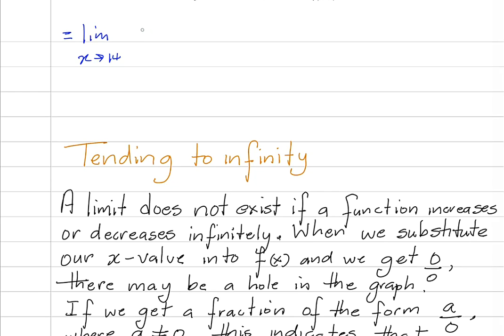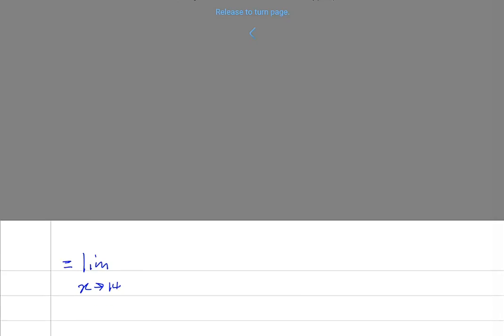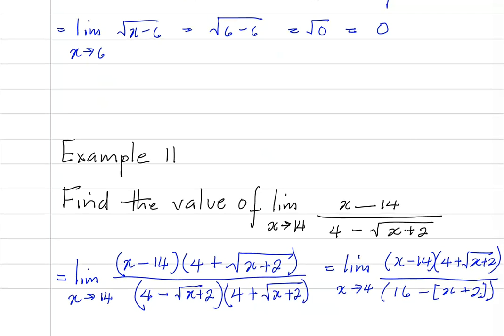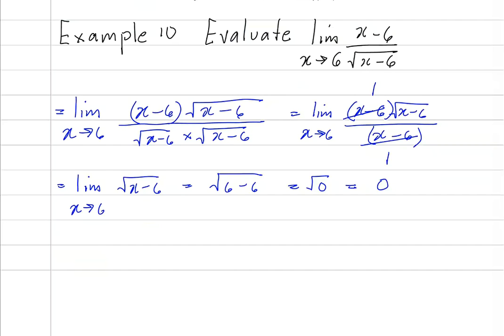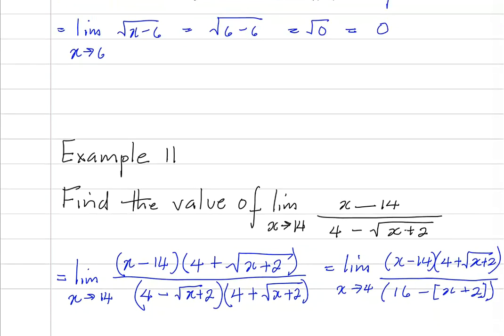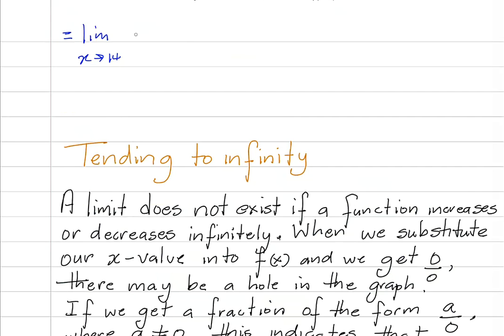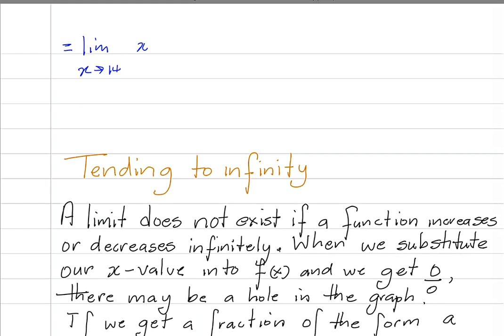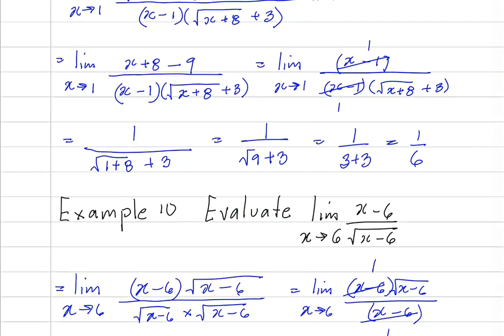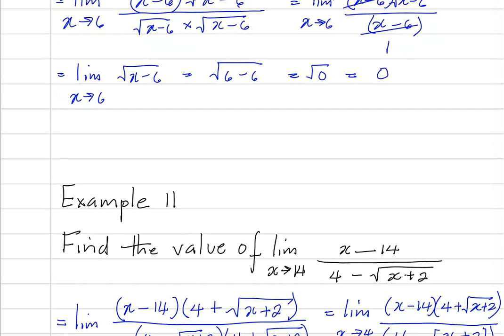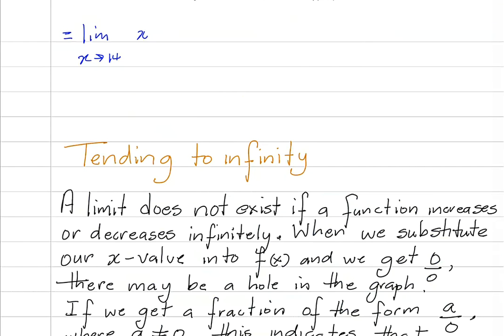Up at the top we're going to have x minus 14, and then 4 plus the root of x plus 2, and down by the bottom we have 16 minus x minus 2. So this is equal to the limit as x approaches 14, and we're going to have x minus 14 at the top, and then 4 plus the root of x plus 2.